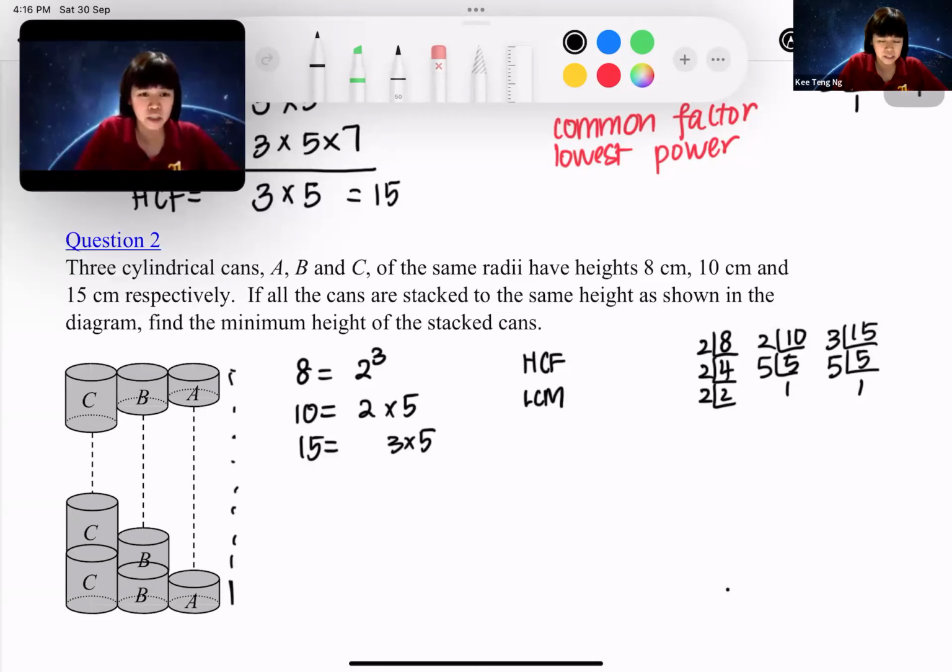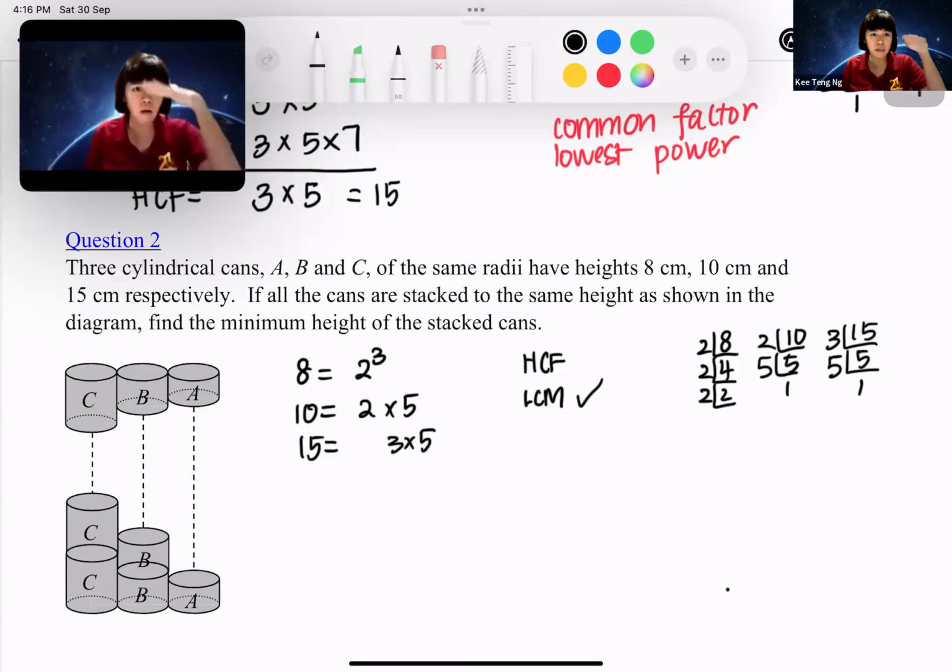Similarly, it'll be larger than 10, larger than 15. So in this case, can I consider using highest common factor? And you look at the numbers here, there is no highest common factor at all. So the only best way that we can do is to find the lowest common multiple. What is the common height that all of them can be at?